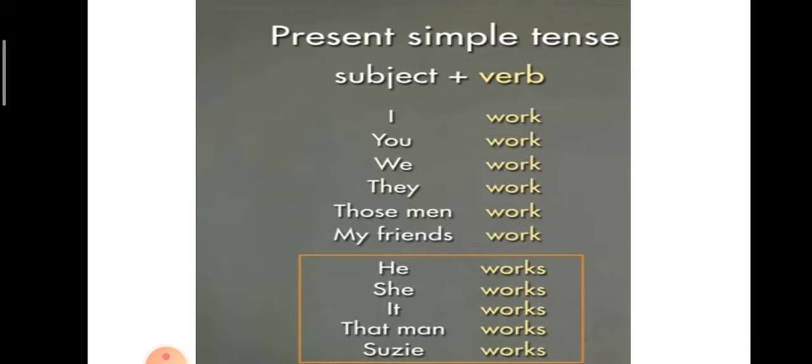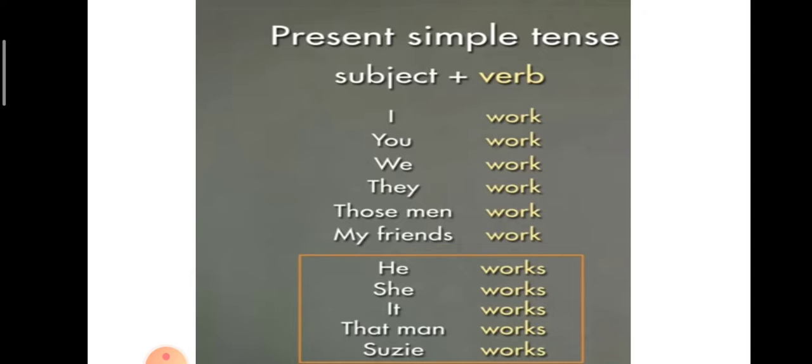Simple present tense, when it comes to subject plus verb: I work, you work, we work, they work, those men work, my friends work. These all come under first person, subject plus the root verb.